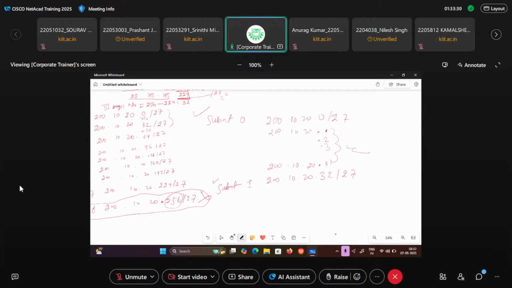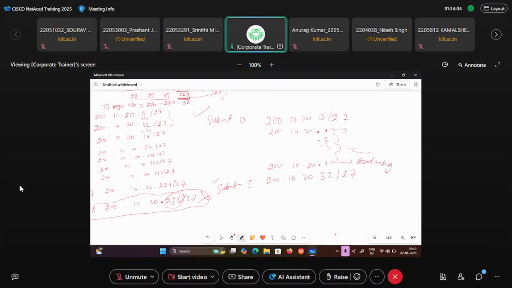The first one, either you can assign this first ID, 200.10.20.1, as a default gateway, or maybe I'll assign this ID to any of the hosts. And the last one I am using for broadcasting. The last ID of this network will be 200.10.20.31. So that is for broadcasting, right?